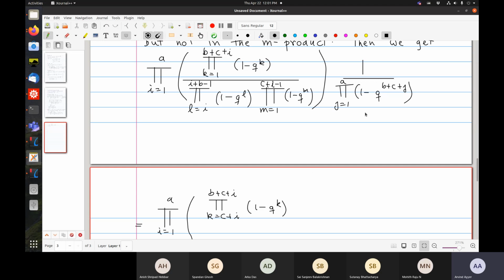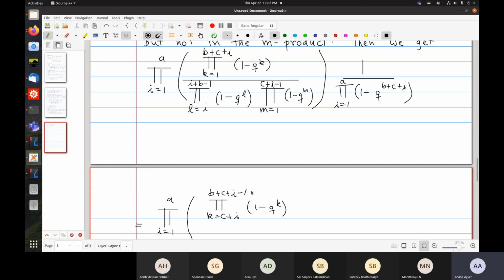But actually I can do more because of this outer factor. You see the last term for each I, so if I had called this another I over here, then you see that the B plus C plus I cancels for each I. So I have one factor for each I, and that's exactly the top factor over here.